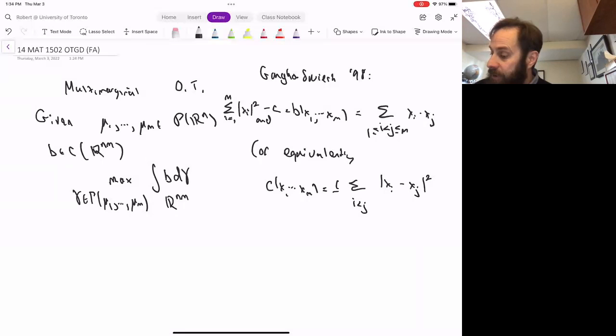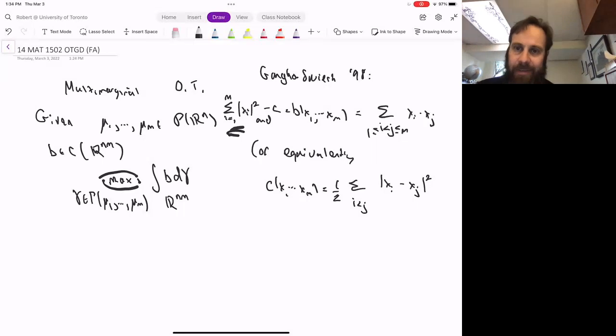Maybe I better put a half here to make this work. But the integral of these terms against gamma doesn't depend on gamma, because it only depends on the mu_i if the marginals are constrained. So in terms of which gamma is going to maximize, you can always add functions of x_1 to x_m separately to b, and that's not going to change the maximizer.